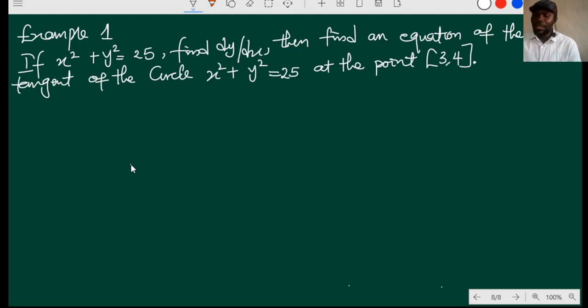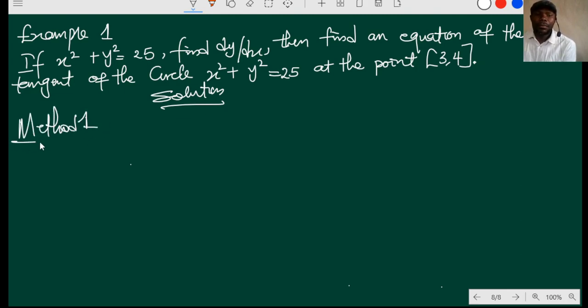Let's apply the first method to this, method 1.